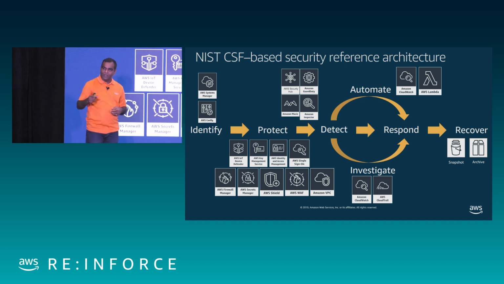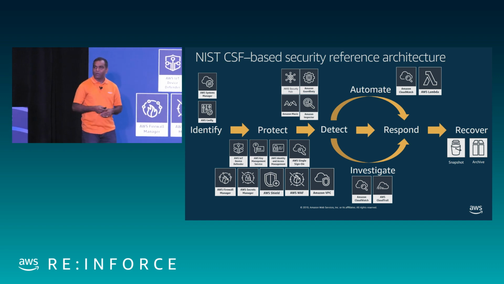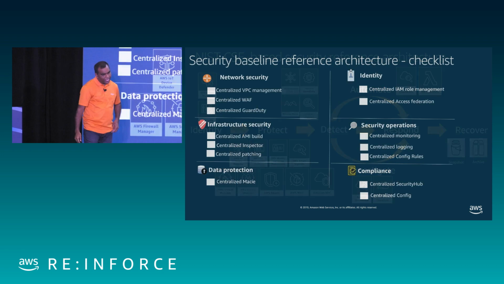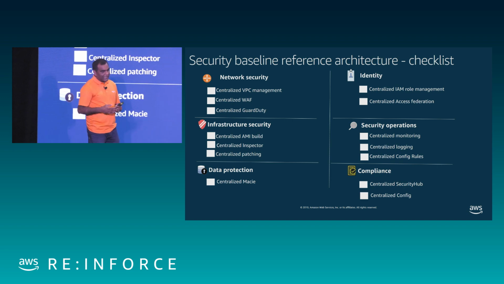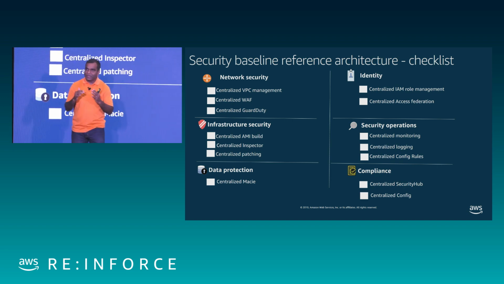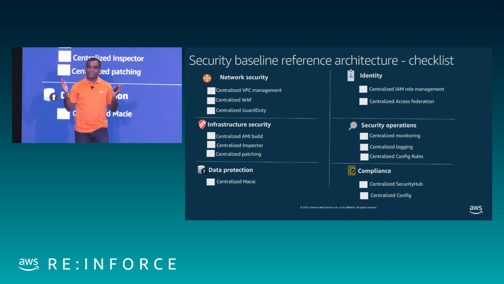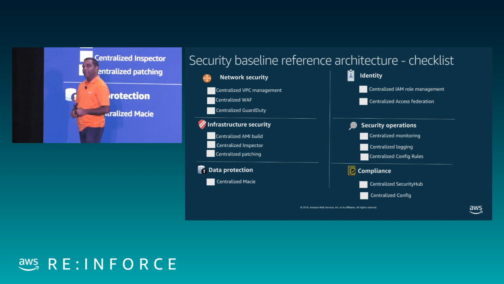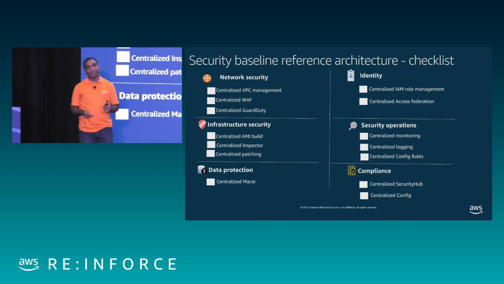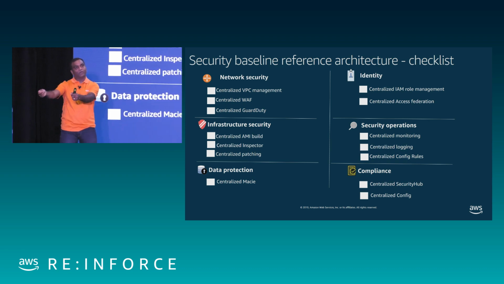Okay, let's look into some more tactical and practical details, how do you do this? Here I'm showing you a checklist. The checklist serves as a guide so that you will not miss anything. This checklist should be your reference guide when you go back to the team: are we doing all these for my account before I hand it over to prime time?